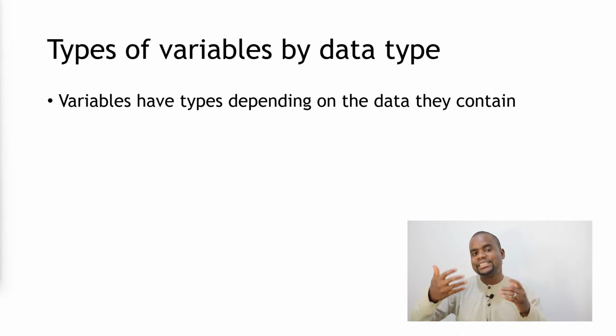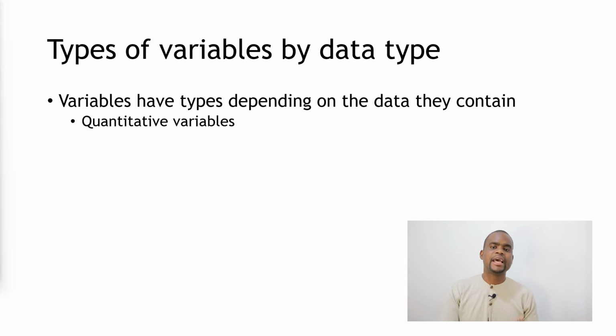So the data that is contained within a specific variable determines what type of variable it is. In this regard, we actually have quantitative variables. Just like we have quantitative data, we have quantitative variables. Quantitative variables are simply variables that contain quantitative data.